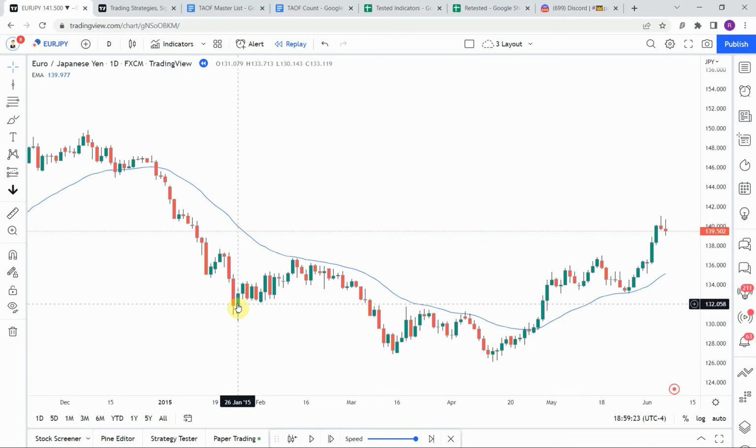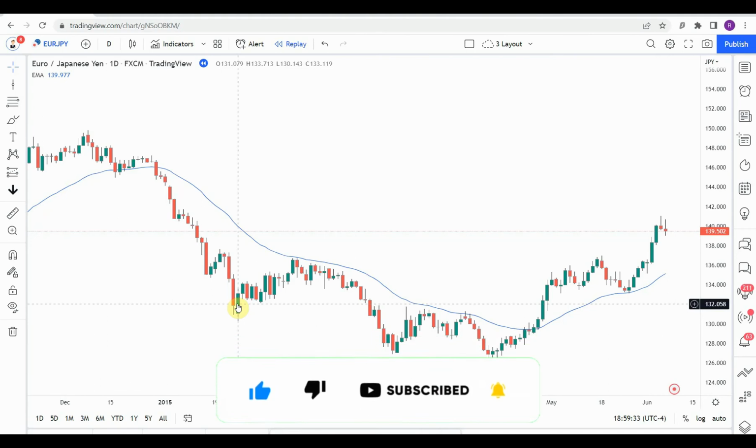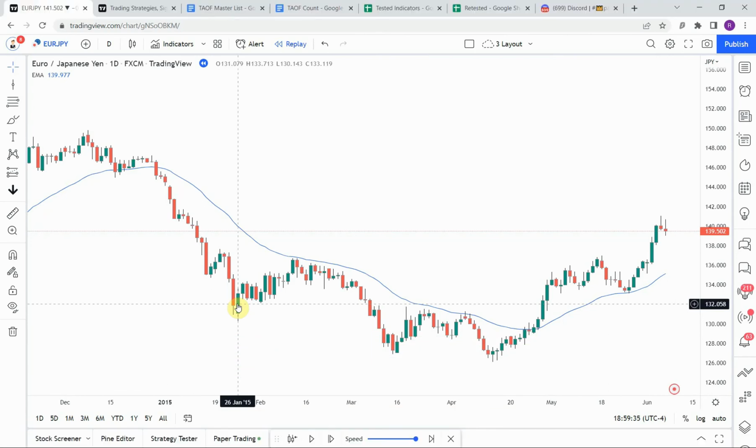Now, there are quite a bit of moving averages out there, even beyond your standard moving average, your smooth moving average, your exponential moving average, and so on. Beyond that, there are actually quite a few other moving averages.